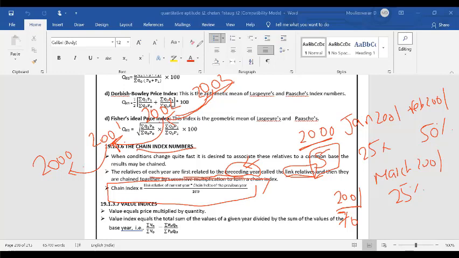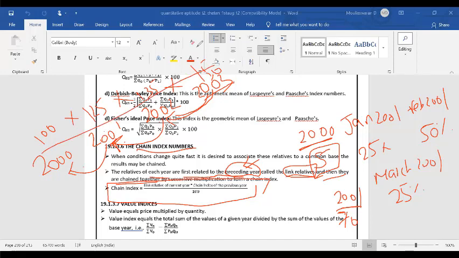And then they are chained together by successive multiplication to form a chain index. So here 100, then a 25% increase gives 125, then a further 10%, and so on. I will multiply all of these to form a chain index.